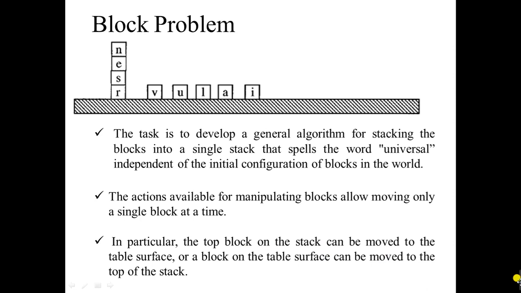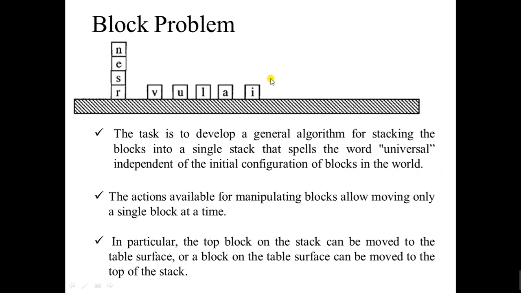As a continuation of genetic algorithm, this is the idea of the block problem. Here there are n number of blocks resting on the table in a specific sequence. Our goal is to arrange them in the desired sequence. For example, the task is to develop a general algorithm for stacking the blocks into a single stack that spells the word universal, independent of the initial configuration of the blocks in the world.